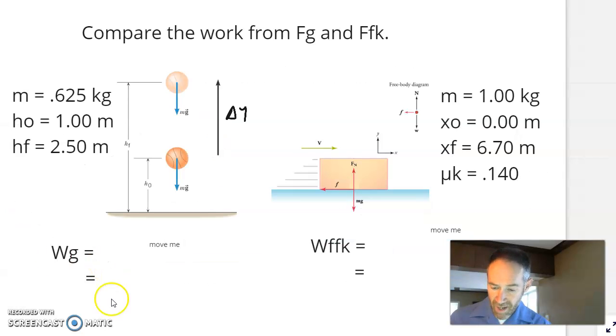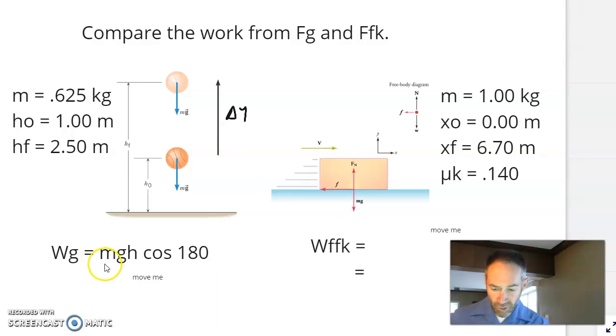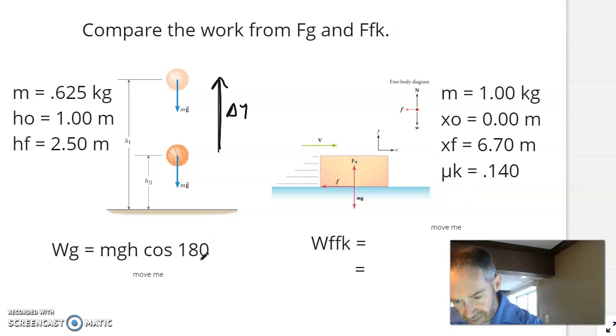So look at this. The work that gravity does is going to be the force of gravity times the distance it acts over times the cosine of the angle in between their tails. That's going to be a cosine of 180 degrees, because if this is the displacement, there's the force, 180 degrees between their tails.